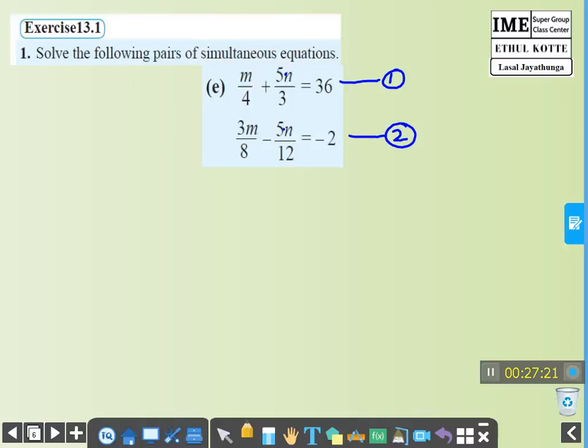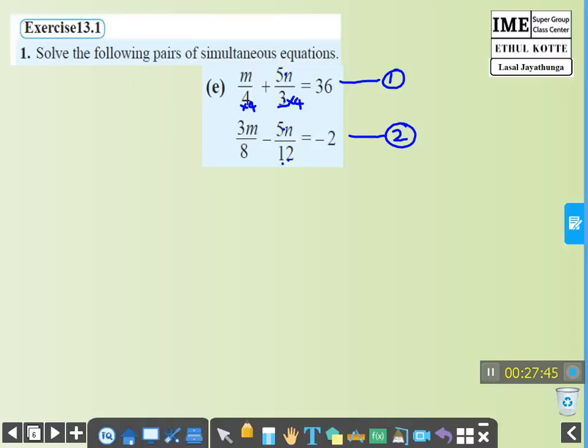When you analyze the terms, focus on the n term, 5n, 5n, it's the same. But the denominators are different. Here the denominator is 3, here it is 12. So if you can make this 3 as 12, then it's okay.